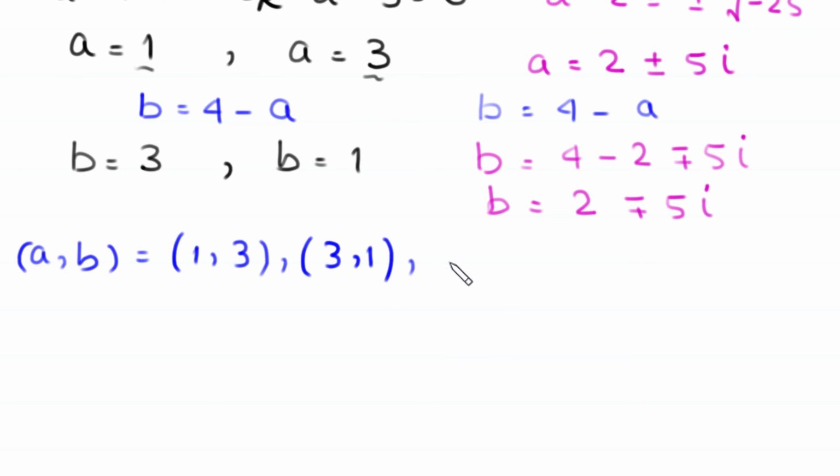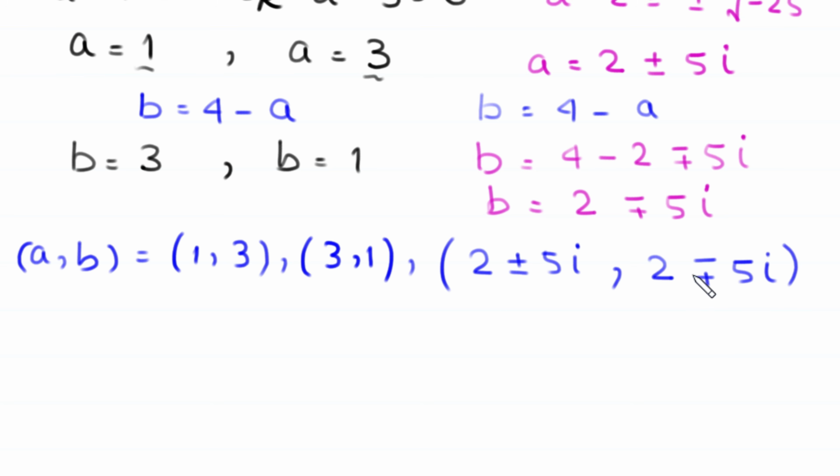So we get the third pair for a comma b. A is 2 plus minus 5 times i, comma b is 2 minus plus 5 times i.